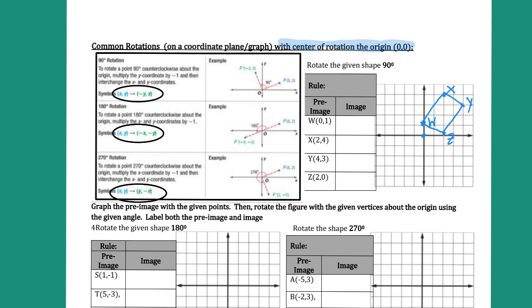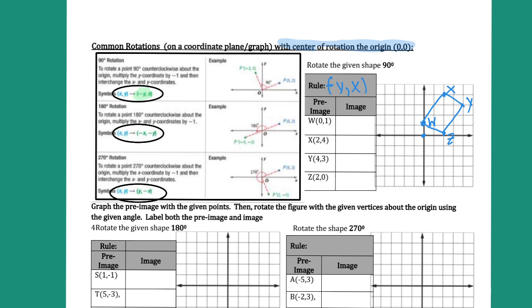The formula says you first do the y coordinate, and you do the opposite of the y, and then you write the x. And so you switch the y and the x. You do the opposite of the y coordinate, and then you do the x coordinate as it was. Okay. Negative does not mean make it negative. It means do the opposite or times by -1. So be really careful that you follow those directions.